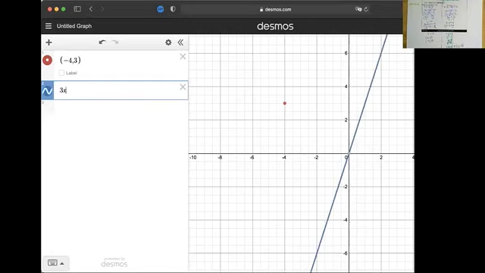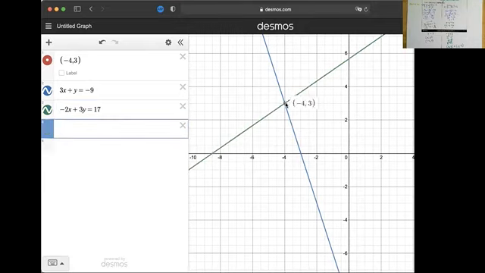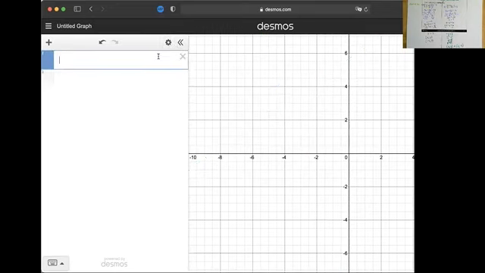This is the first one. 3x plus y equals -9. Our next line is -2x plus 3y equals 17. And they go through the point -4, 3. So that was the only solution of those 2 lines.